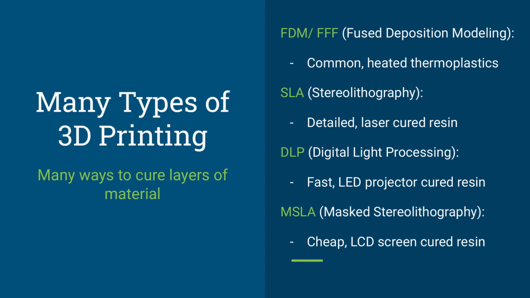This 3D printing consists of heated thermoplastics. So this is the most common type. As you may have seen, these printers lay down these spools of plastic layer by layer. They're very common, and most of this presentation is going to be on FDM 3D printing.